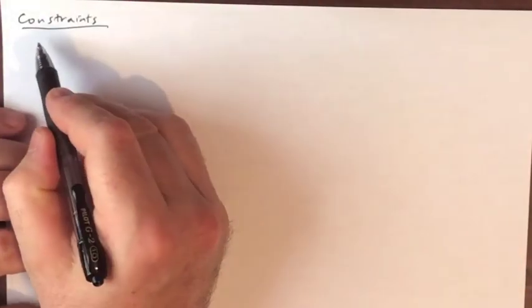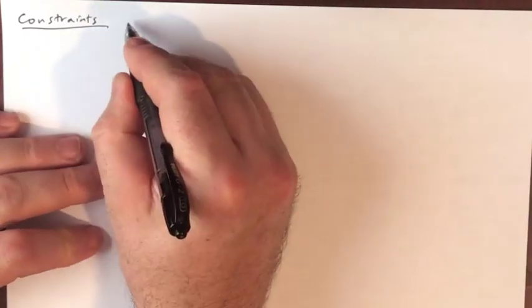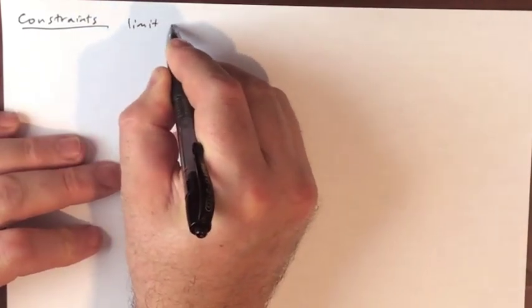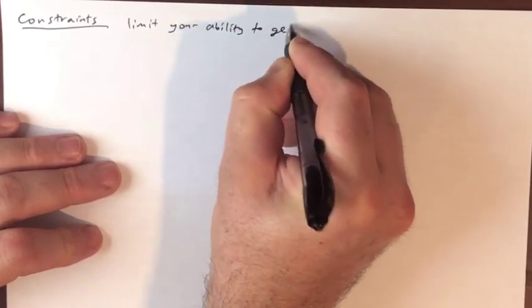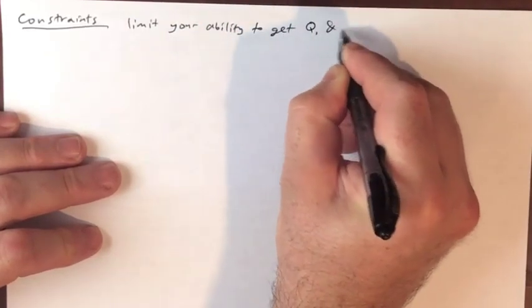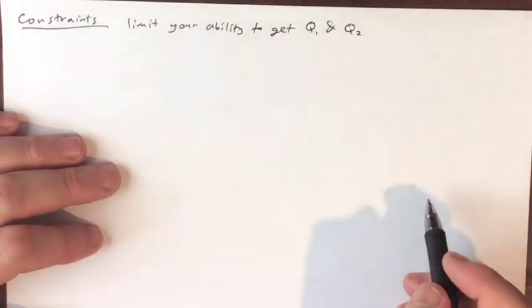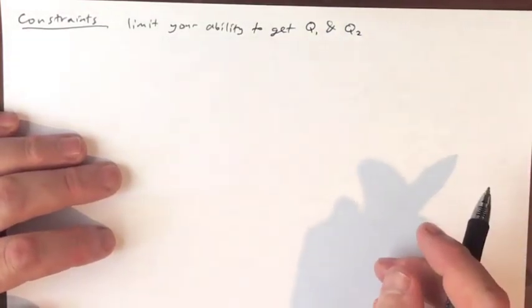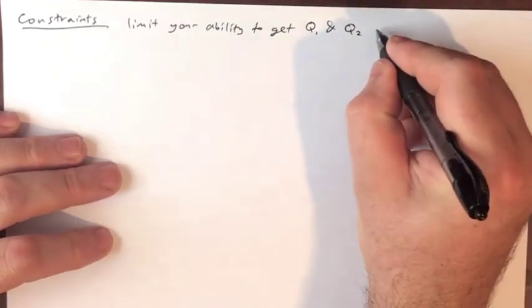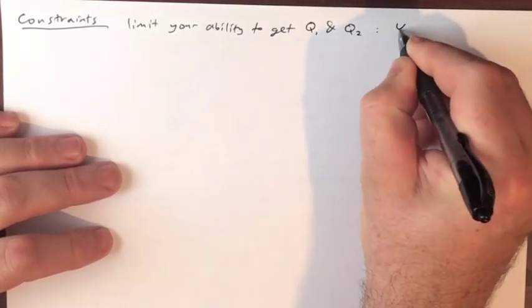And to do that, we've got to bring in the notion of constraints, okay? So in terms of constraints, when we think about what are the things that limit your ability to get good 1 and good 2, that's what constraints are. And there's 3 basic things that limit your ability to get good 1 and good 2, okay? And these are your income.